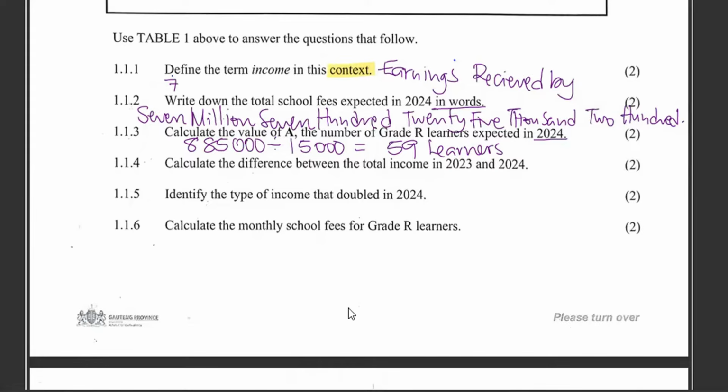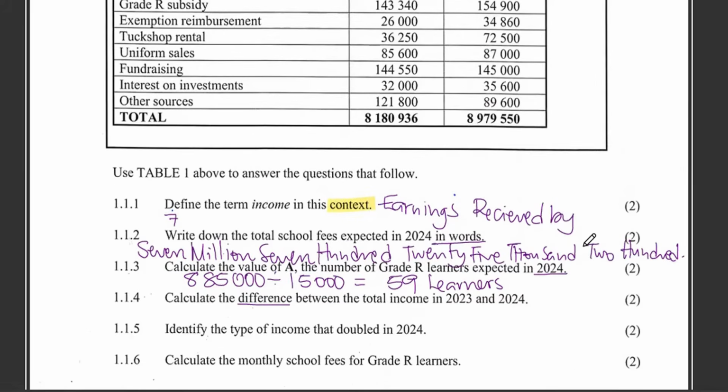Calculate the difference between the total income in 2023 and 2024. The moment you hear the difference, what are you going to do? We are going to subtract. Which one is bigger should come forward. Yeah, this one is bigger.